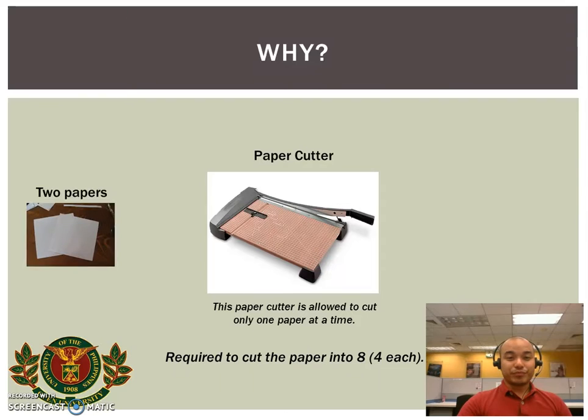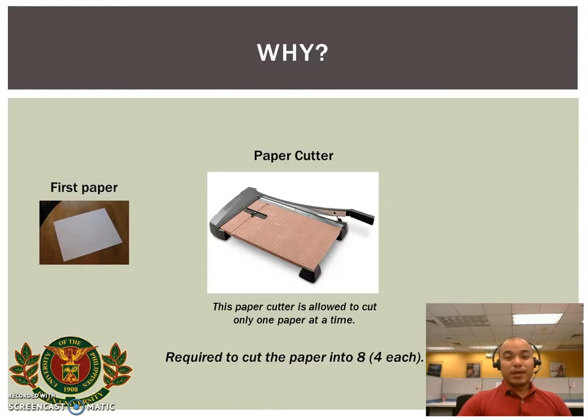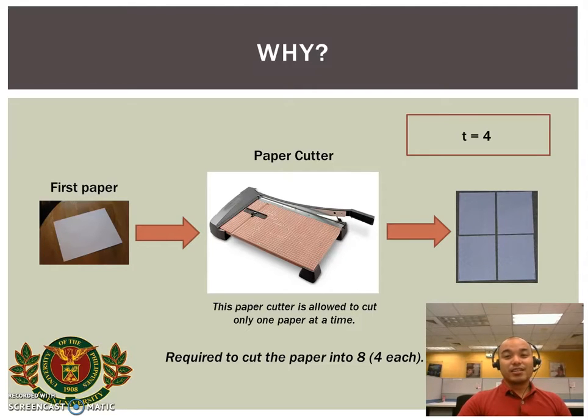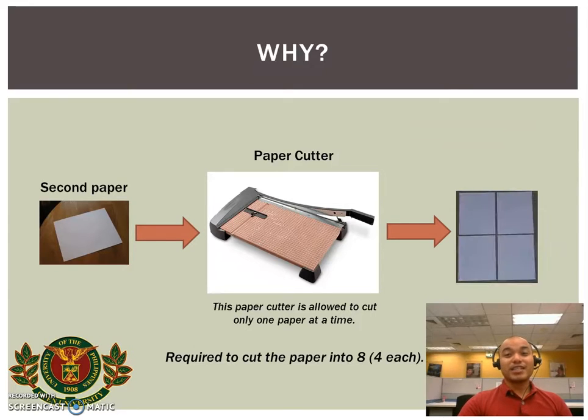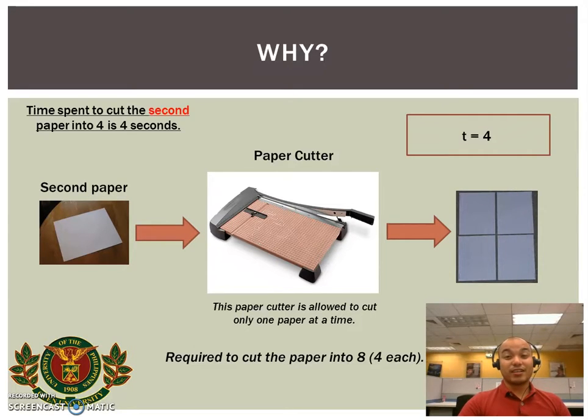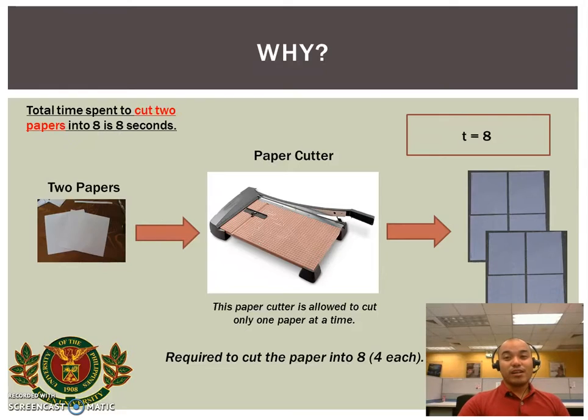Given two papers, we are required to cut each into 4, so that is 8 pieces. The first paper is processed by the paper cutter, and the time spent to cut it is 4 seconds. Then we process the second paper, which takes another 4 seconds, for a total of 8 seconds. So that is for the single processor.